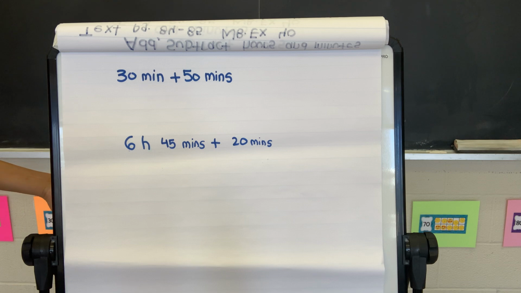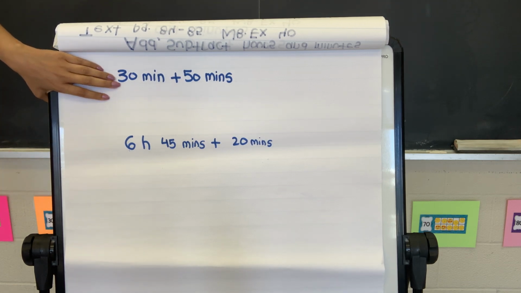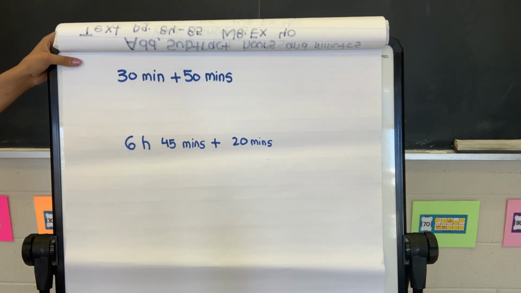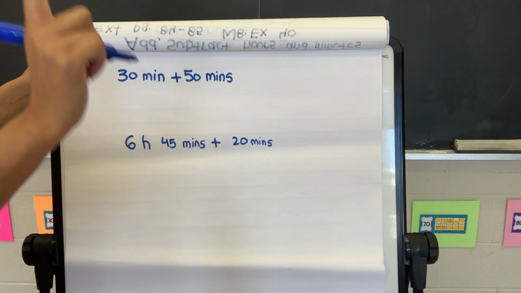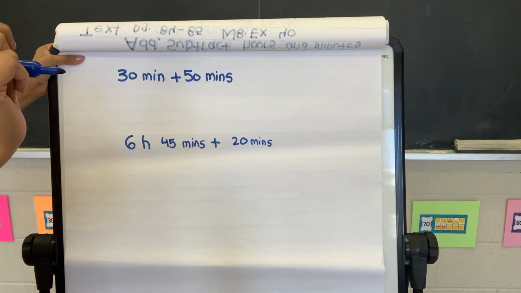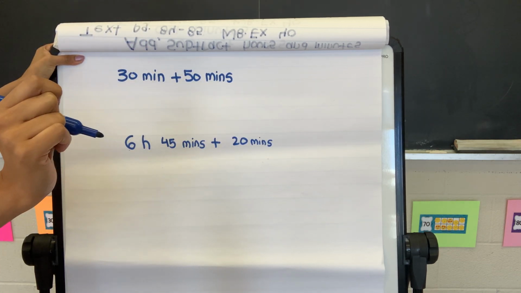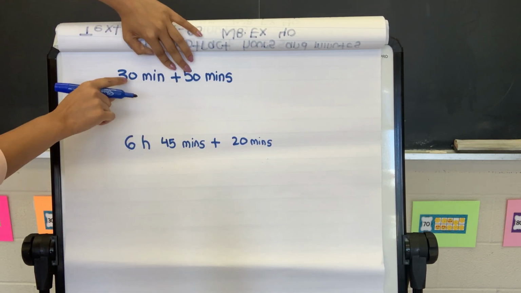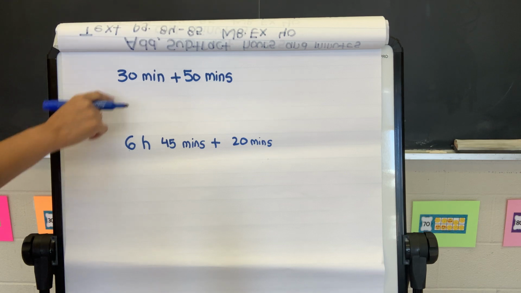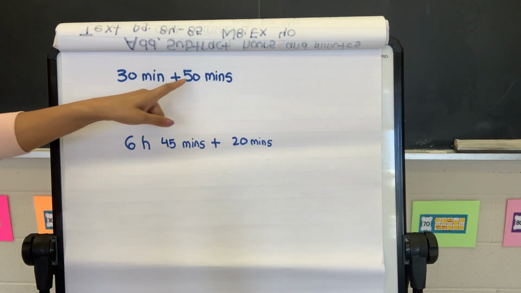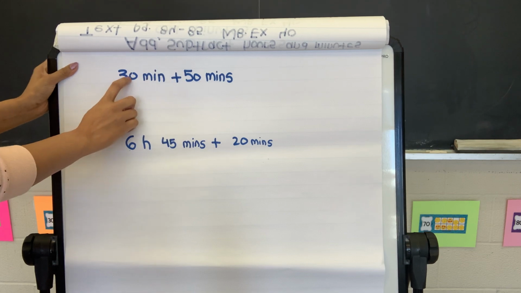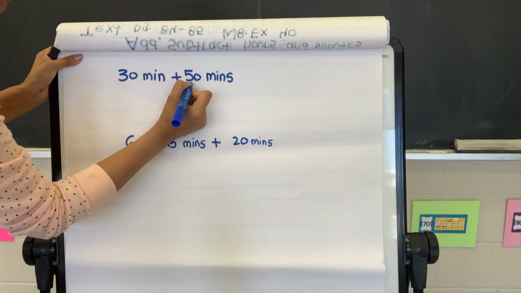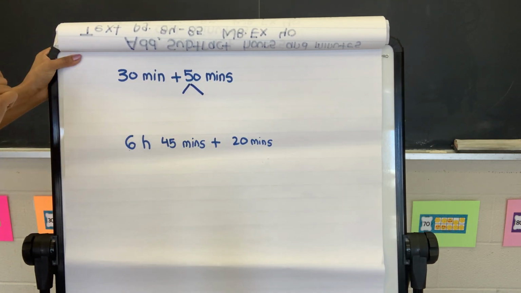Okay, so I have 30 minutes plus 50 minutes. Now I know that my hour is made up of 60 minutes, right? So if I count up from 30, what do I need to add to make it into 60?